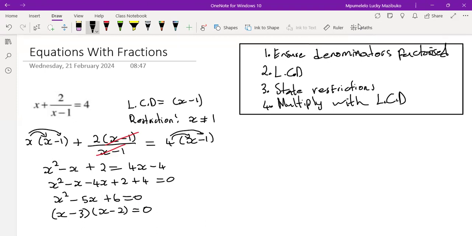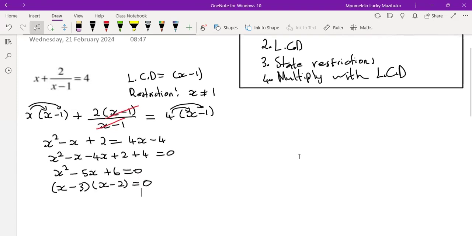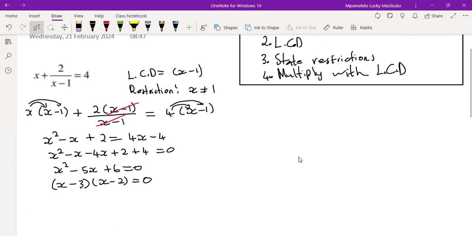Then when you continue to solve that, using your zero product principle, x can either be 3 or x can be 2. Now, both of these answers are valid because none of them are restricted by the restriction that we stated.